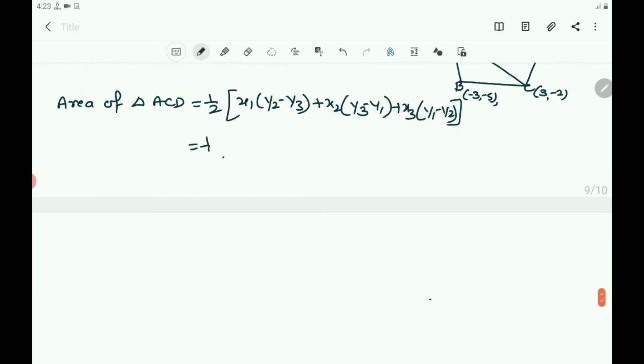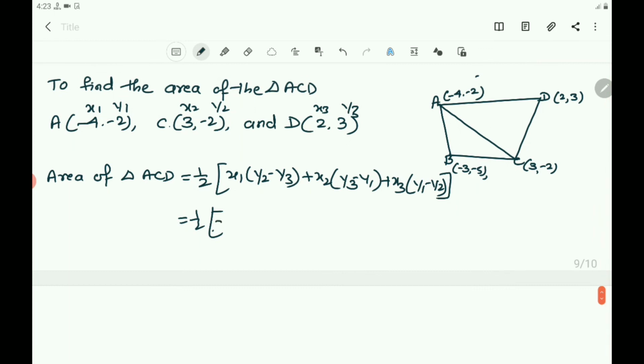Substitute the values. 1 by 2 into x1 is minus 4, y2 is minus 2, minus y3 is 3, plus x2 is 3 into y3 is 3, minus y1 is minus 2, plus x3 is 2, y1 is minus 2, minus y2 is minus 2.